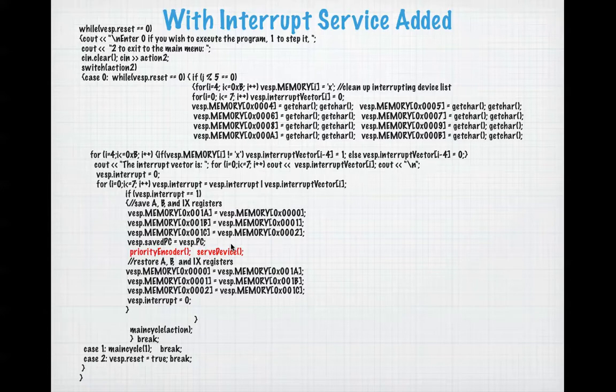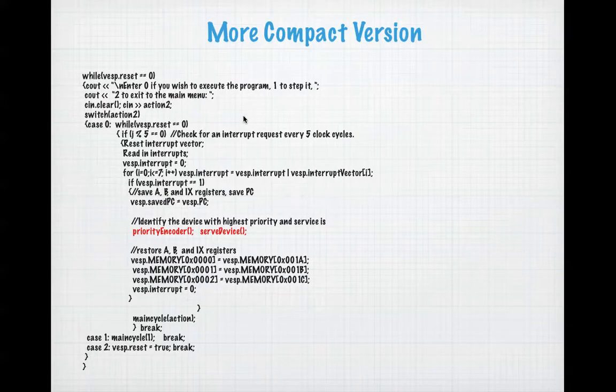Now, a more compact version of this is right here, where I really simplified all that excessive and very detailed explanation, which is really what the code itself is, by writing some things up instead of those. I said, for example, reset the interrupt vector, read in the interrupts, clear the interrupt flag, and set the interrupt flag in case one of the devices made a request.